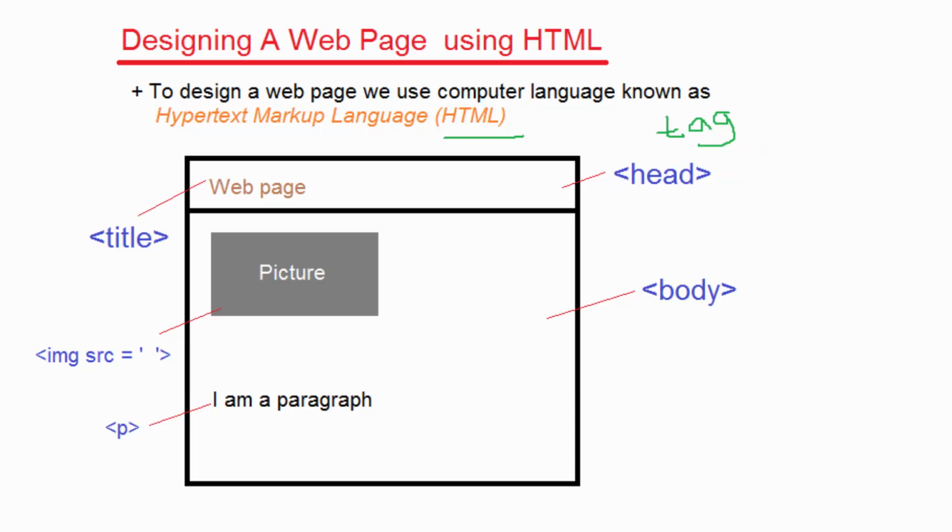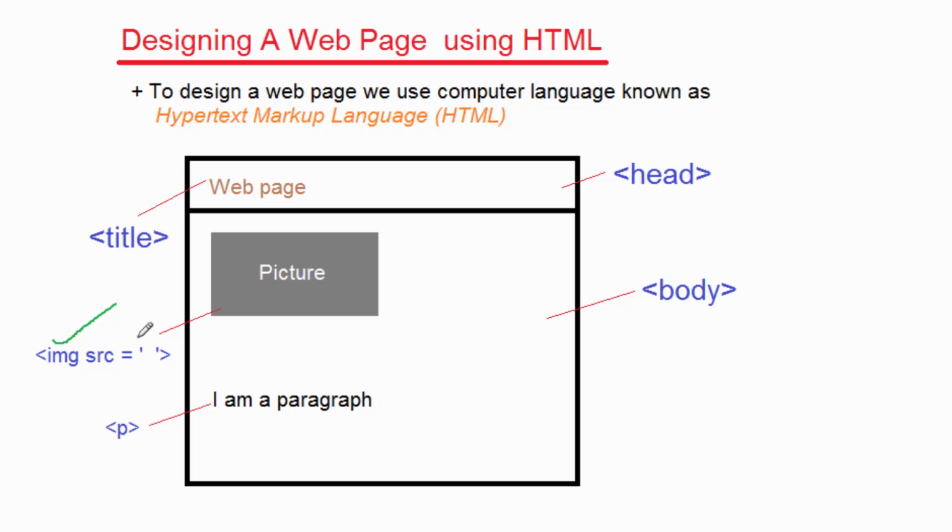Therefore, I will say here that this is the head tag in HTML, and this is the body tag in HTML. This is the title tag in HTML. Now, apart from the head and the body, the work of the title tag is to create the title of the page. Then we also have the image tag.